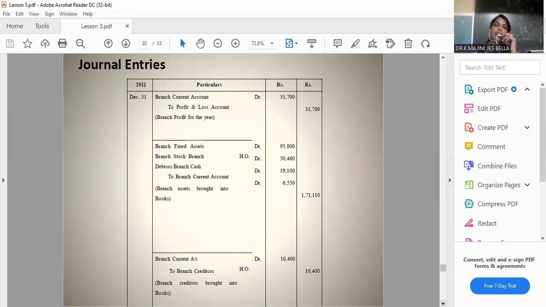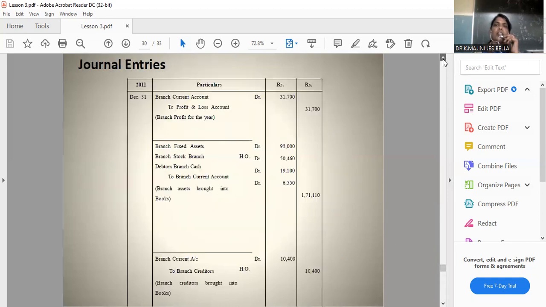Write all the values and total it, 1,71,110. What are the items? Branch fixed asset 95,000, branch stock 50,460, branch debtors 19,100, then cash 6,550. Total 1,71,110, being branch assets brought into books. Okay.